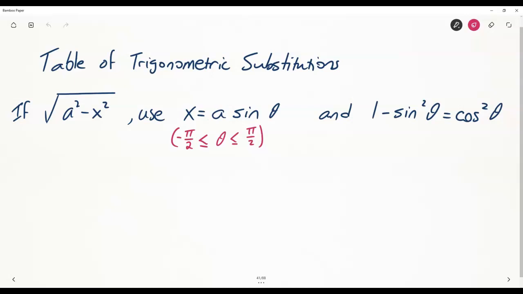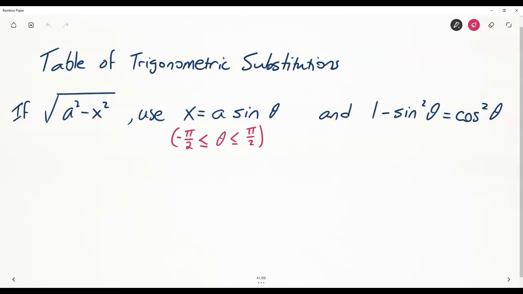And the way you identify it is you're looking for the square root, and the square root needs to have either a difference or sum of squares. Like in this case, we have a difference of a squared minus x squared. If it is a constant minus the expression involving x squared, that is where you let x equal a sine of theta.